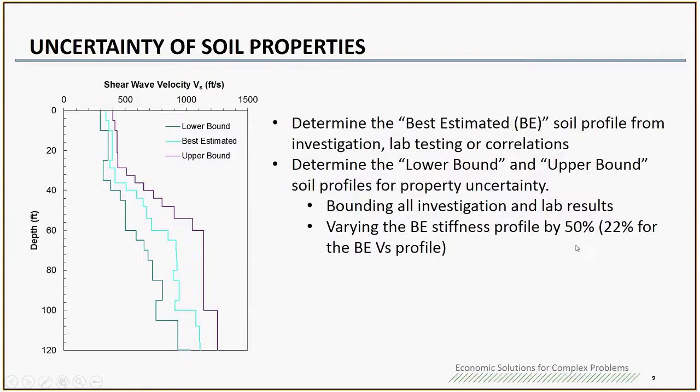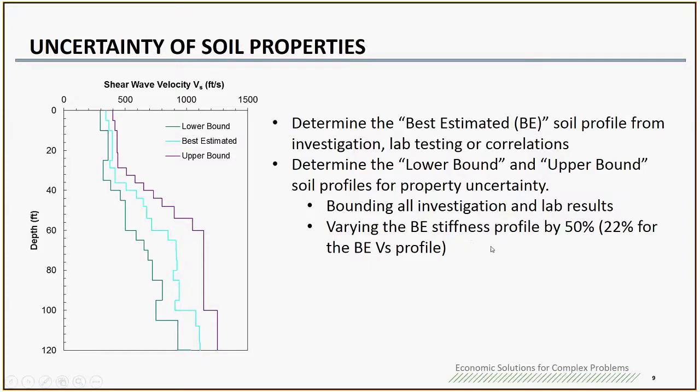This is in the commentary in the ASCE 7-16 code, and I recommend you use this approach because it's in the commentary of ASCE 7-16. That's 50% for the stiffness.